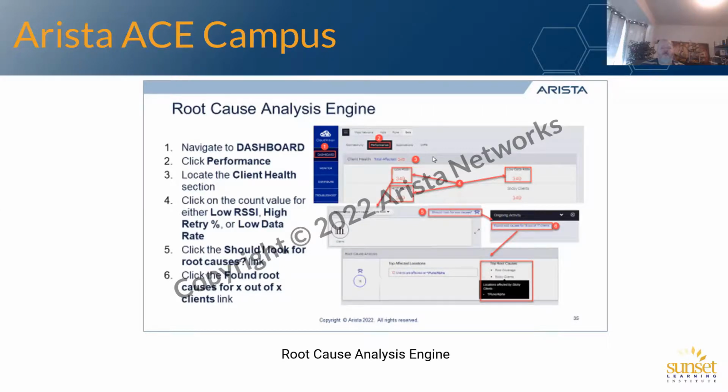I consider myself pretty good with Wi-Fi, but every once in a while, it doesn't hurt for me to get a reminder of, hey, maybe go look at that, or hey, maybe check this, right? That's what the RCA does, the root cause analysis engine. It's going to tell you when your clients are facing certain issues, what possible causes there are.